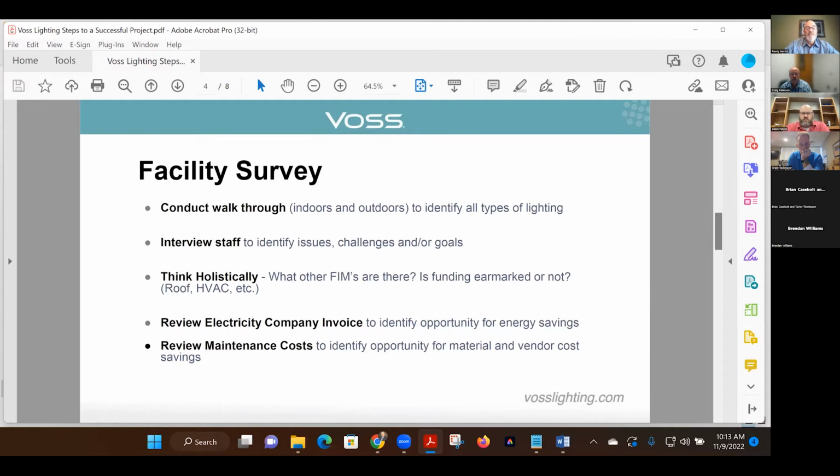Interviewing staff, and again, thinking holistically because of the example I just gave on the roof or on the HVAC. I was reading the other day, it's kind of scary where the dollar increases are coming there. They're looking at a 25 to 30% increase in HVAC equipment purchasing in 2023.